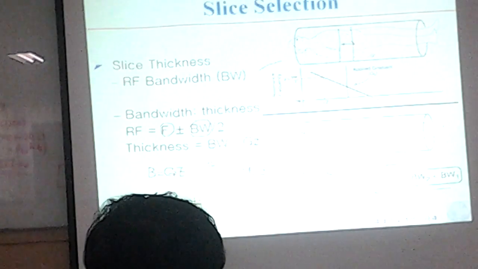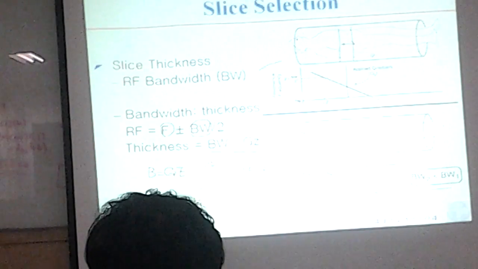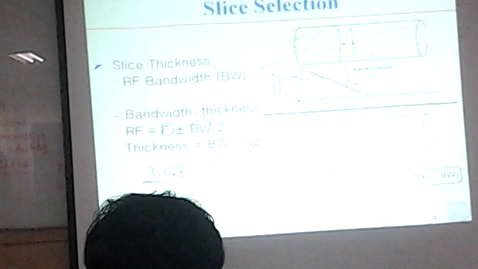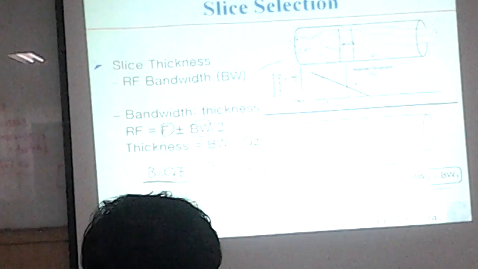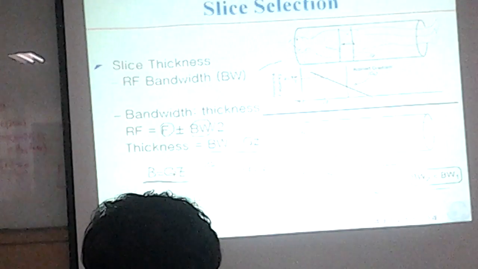So slice thickness can be calculated by this equation. Is it clear? As I said before, the gradient concept and the Larmor equation are very, very important, because they will be frequently used.